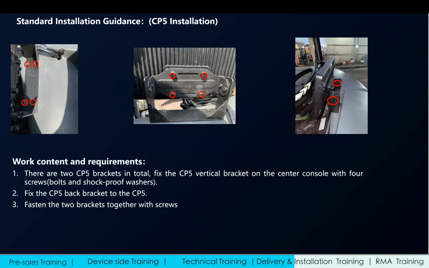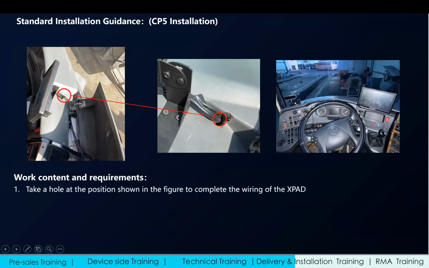Next one is the driver screen. How can we fix it? For the driver screen, we have the bracket attached in the material box. First, you can install the bracket on the dashboard, and you can drill a hole nearby to do the wiring, and then fix the driver screen with the bracket.